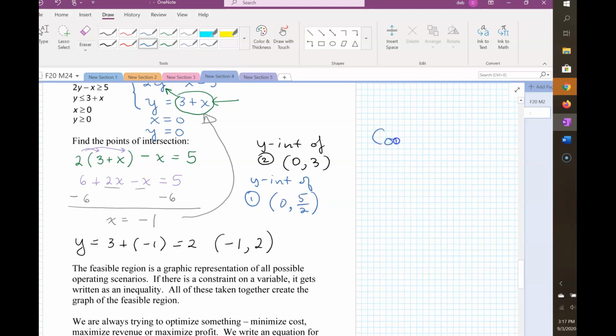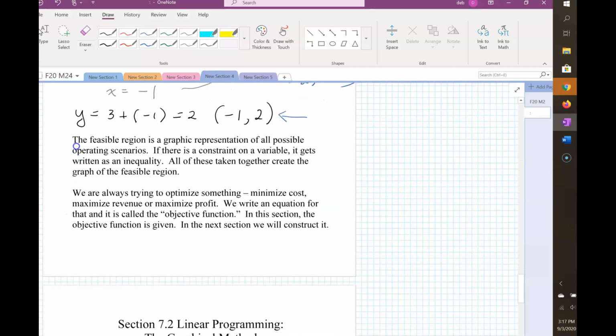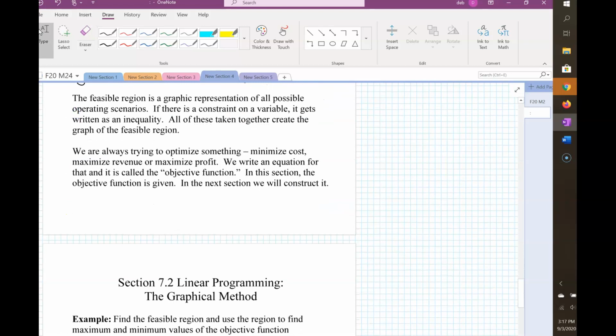So these two are corner points. This third one is just a point of intersection, which your instructions just said find the points of intersection. So this 7.2 is still a lot of just practicing the mechanics that we need to be able to solve a linear programming problem.